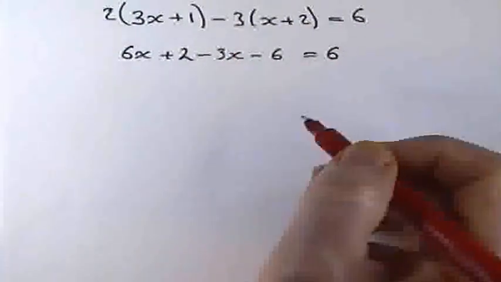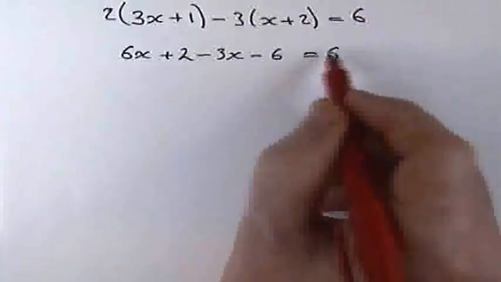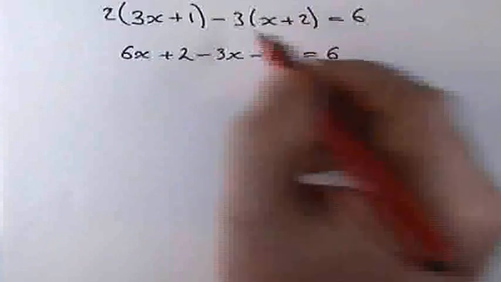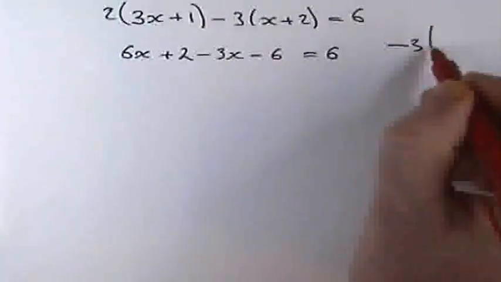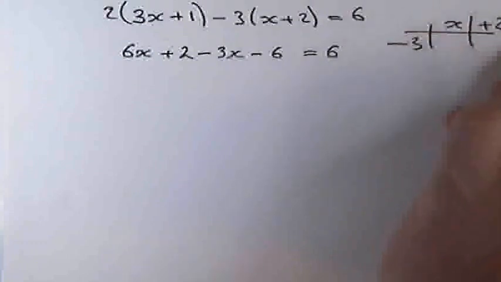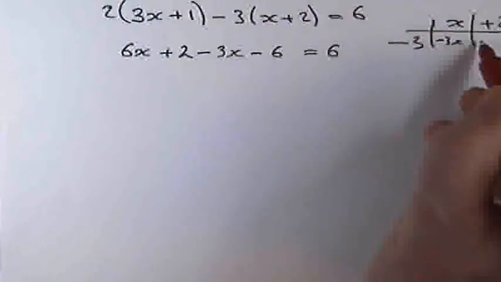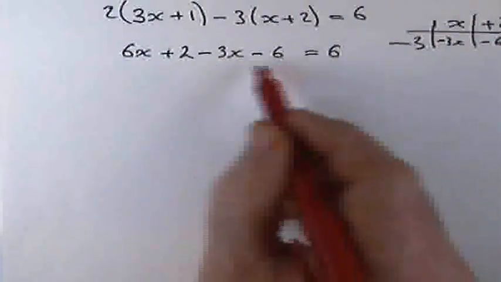Now, we haven't done anything to the left-hand side other than expand the brackets, and we don't do anything to the right-hand side. I'd much prefer to see you using the grid here so you don't miss problems. So minus 3x minus 6 there.